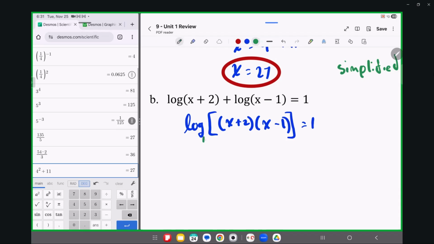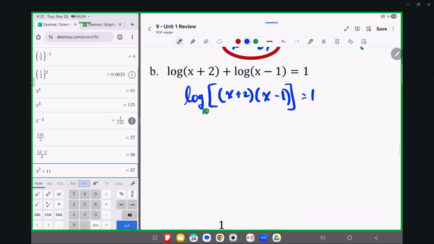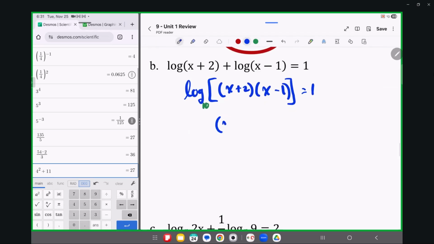If you remember, since there's no base, it's log base 10. So we can rewrite this as x plus 2 times x minus 1 is equal to 10 to the power of 1. 10 to the power of 1 is going to be 10.